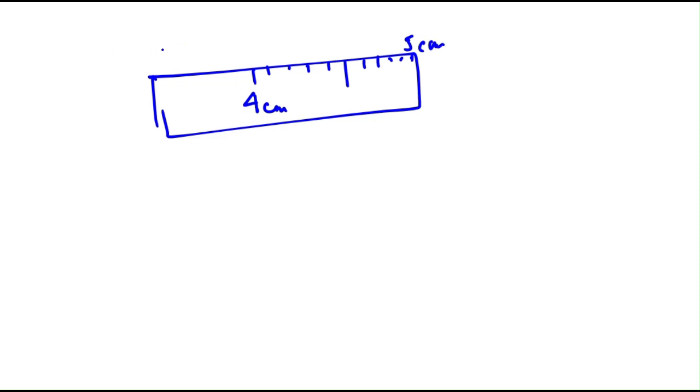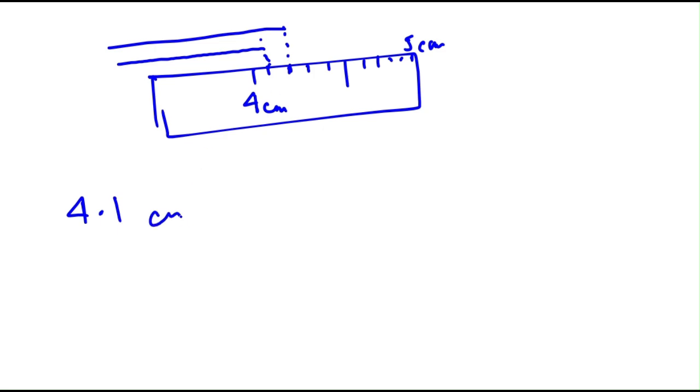If the end point of the line segment comes exactly at this mark, then we can say this is 4.1 centimeter. Here one side should be coinciding with 0. So if it comes up to here exactly, we can say this is 4.2 centimeter.